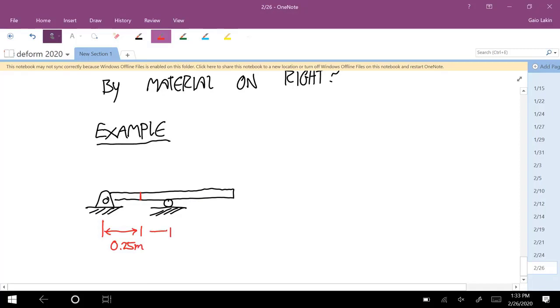It's another 0.25 meters to the roller. And then it's half a meter to the end. And at the end, there's a 1,000 Newton force acting down and a torque of 500 Newton meters twisting it.